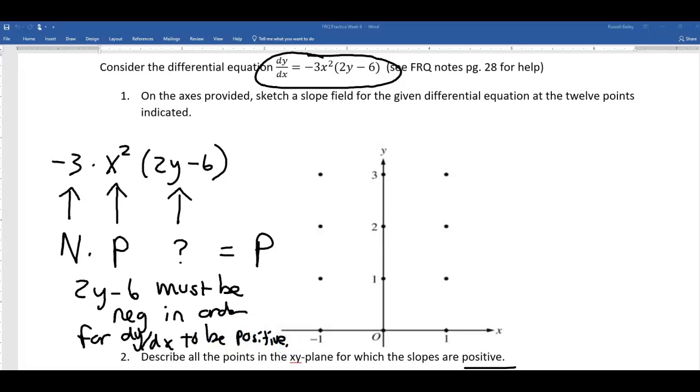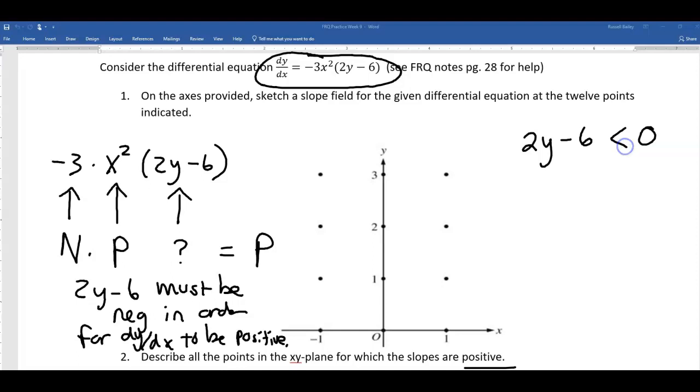All right. Now, mathematically, how do you show that something is negative? Using inequalities. If it's negative, then it must be what to 0?